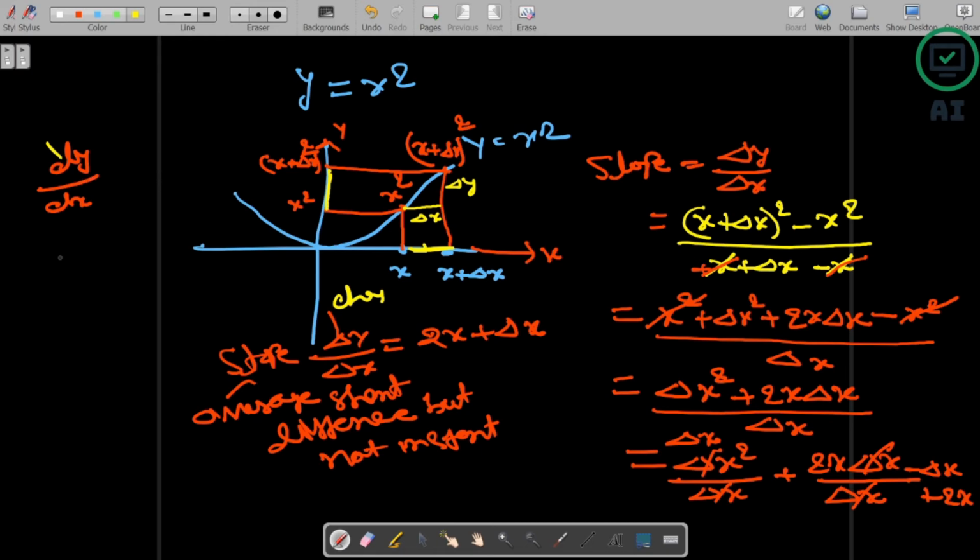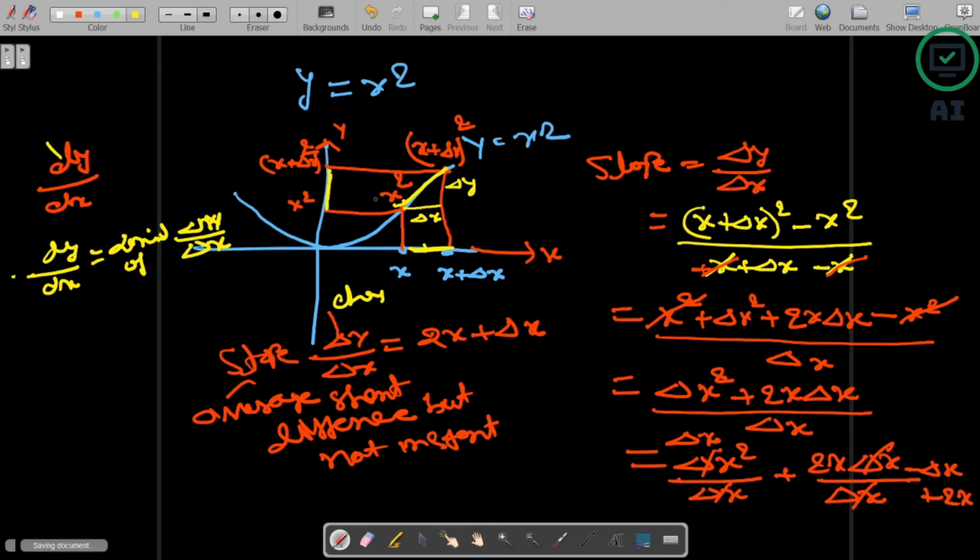So what is this here? dy by dx is nothing but the limit of delta y by delta x, where delta x tends to 0. So what we want to do? So this is the secant line, this is the slope of this one.